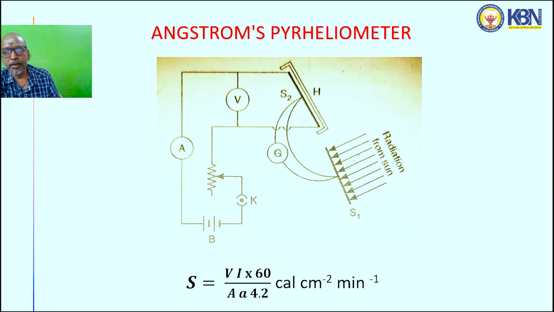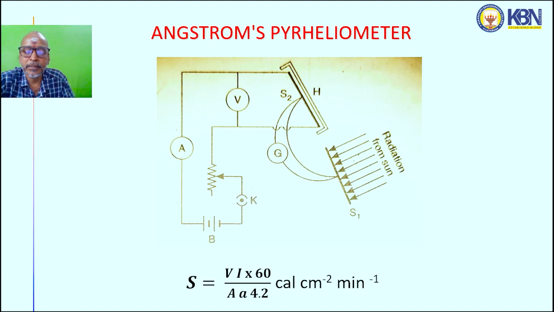Then the solar constant is calculated using the formula S = VI × 60 / (a A × 4.2), where V is the voltmeter reading, I the ammeter reading, small a the absorption coefficient, and A the area of the strip.